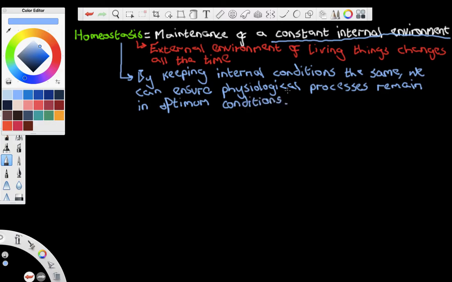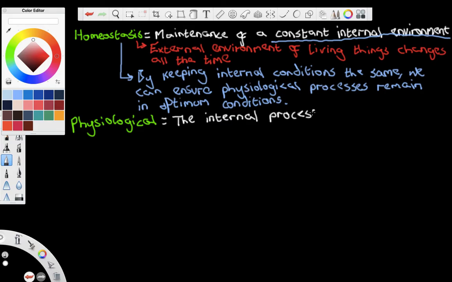Okay? Now, if something is said to be physiological, we mean that it is the internal processes of an organism. So physiological is defined as the internal processes of an organism.